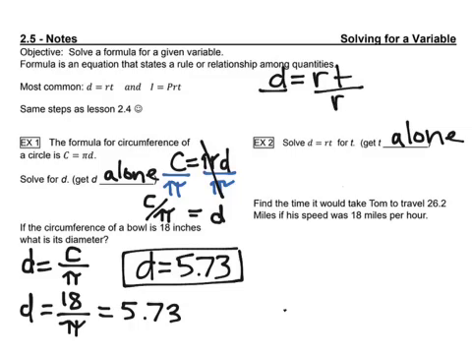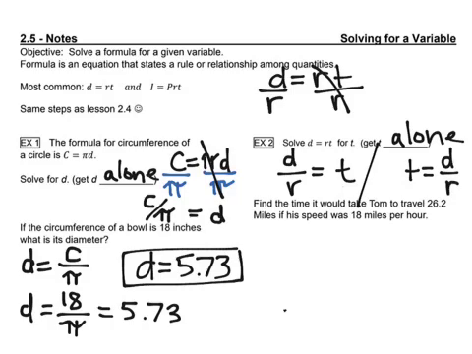Divide by what's being multiplied by t. And r over r is 1. Any number over that same number is 1. So we have t equals distance over rate, or t equals d over r.